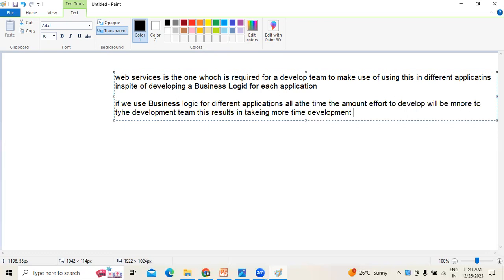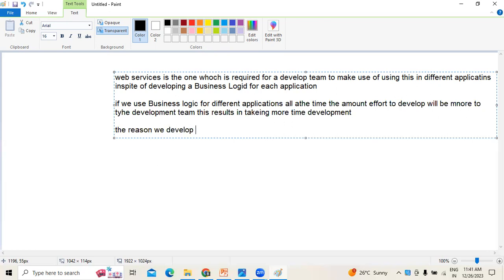Understood? Clear, Shivpriya, right? So the reason we develop a web service is for each and every required feature.